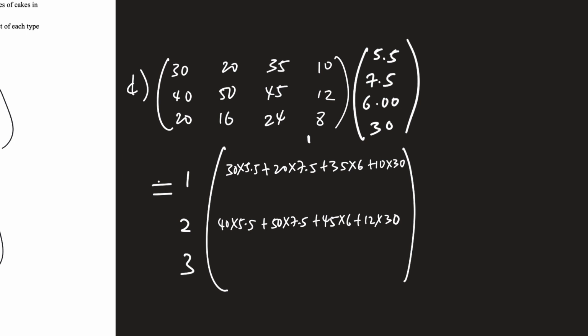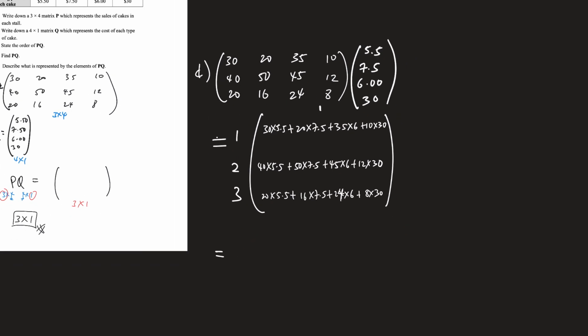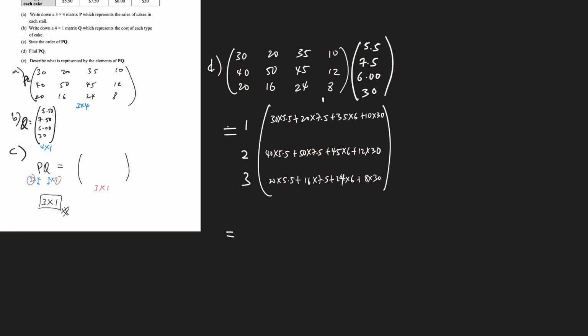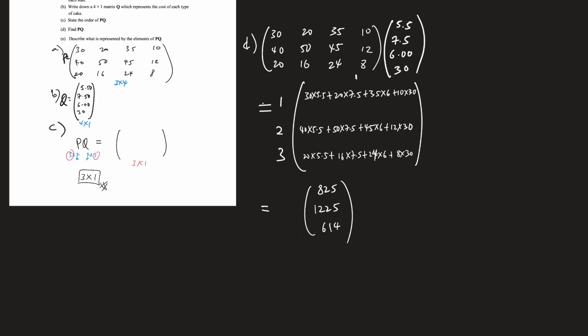So we do 20 times 5.5 plus 16 times 7.5 plus 24 times 6 plus 8 times 30. And there you have it. You just key it into the calculator and you get 825, 1225 and the last value. There we go.